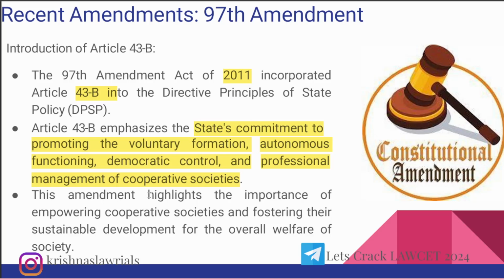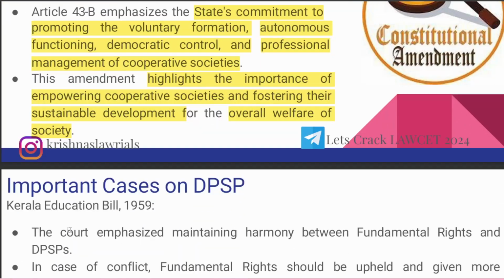This amendment highlights the importance of empowering cooperative societies, fostering their sustainable development and overall welfare of the society. So here we are focusing on the small businesses, cooperative societies, and their well-being and sustainable development. Hopefully you know what is sustainable development, where we develop without harming our surroundings and nature.